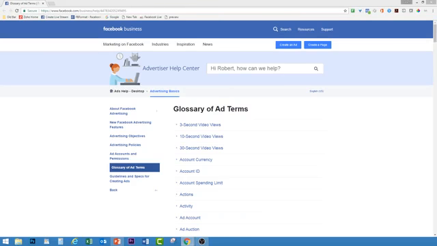How many of you feel comfortable with what CTR is and what the difference between a link click and a click is? Are you familiar with that, or does this seem like it's going to be helpful for some of you?